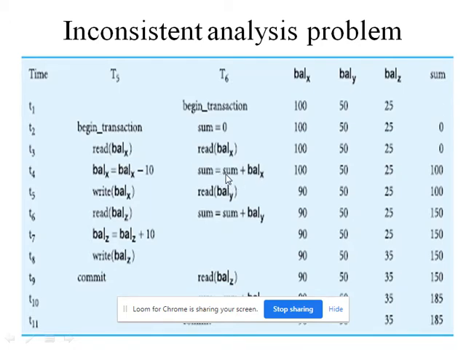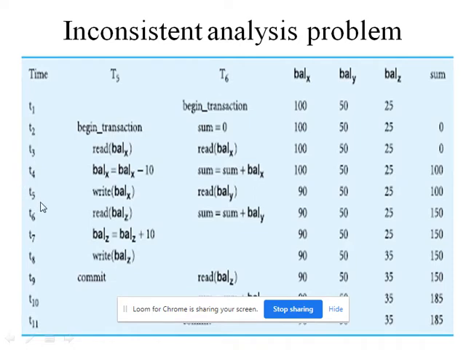Which value is it summarizing and storing? It reads the initial amount, 100 rupees, and summarizes. You can observe the sum value of X here.